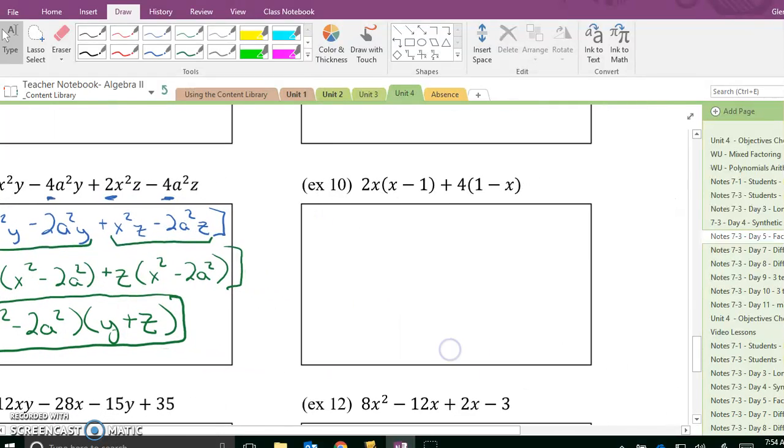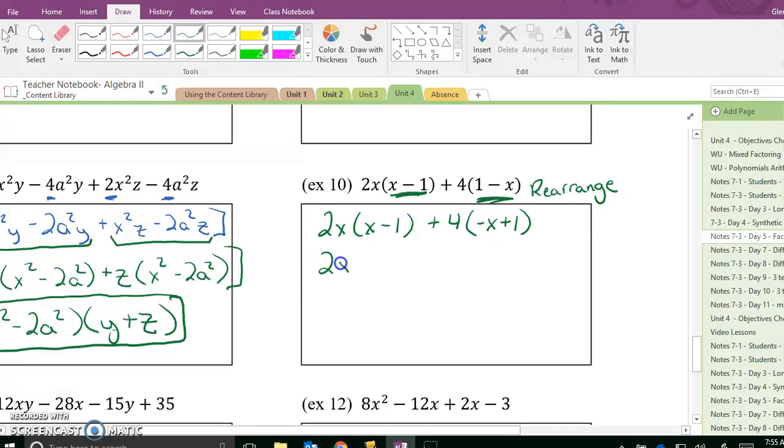What happens when something is turned around? If you notice here, we've got our problem, 2x times x minus 1 plus 4 times 1 minus x. 1 minus x and x minus 1 are very, very similar. Sometimes I have to rearrange and just pull out a negative. In this case, I have 2x times x minus 1 plus 4 times, and this is the same as saying negative x plus 1.